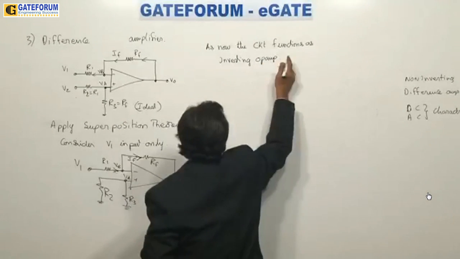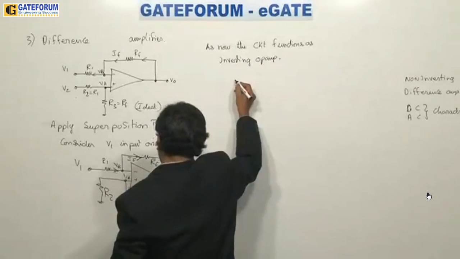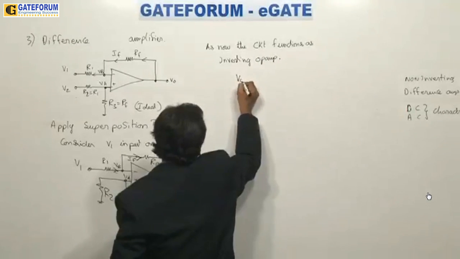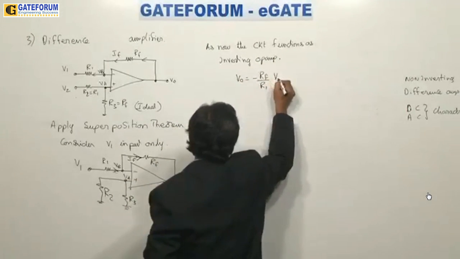Now you can get it like this: V output will be equal to minus RF by R1 into V1.